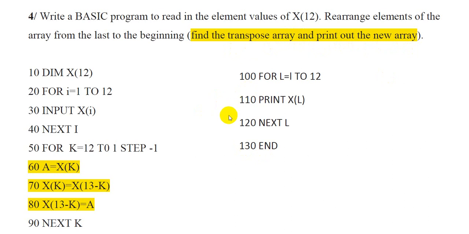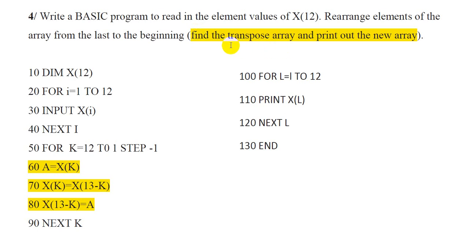Write a BASIC program to read the numbers of the list x of 12 elements, and we are going to use the dim statement exactly here to be introduced in the source code we're about to write and supply to the computer by using the keyboard. Rearrange elements, from the last to the beginning.